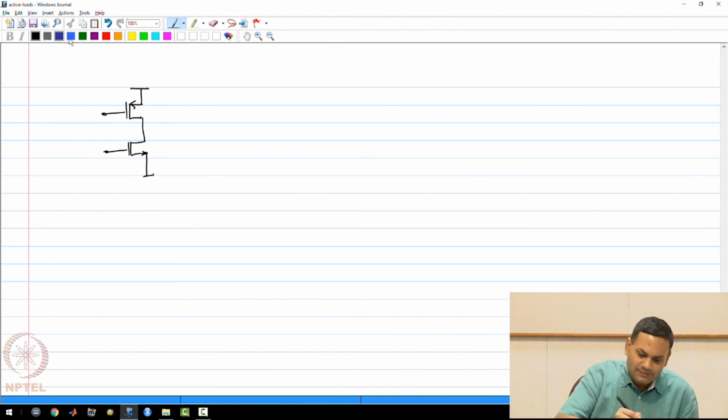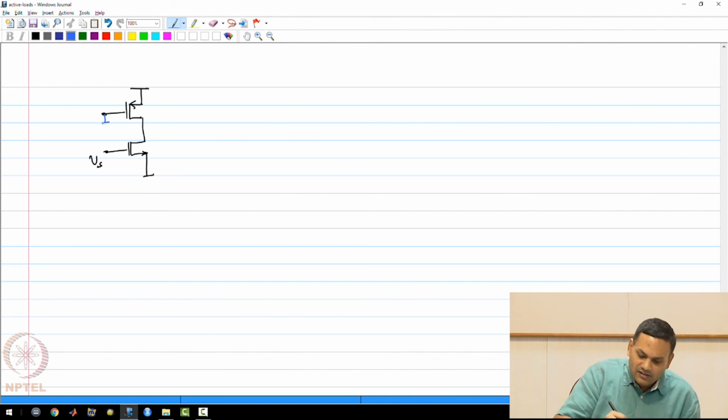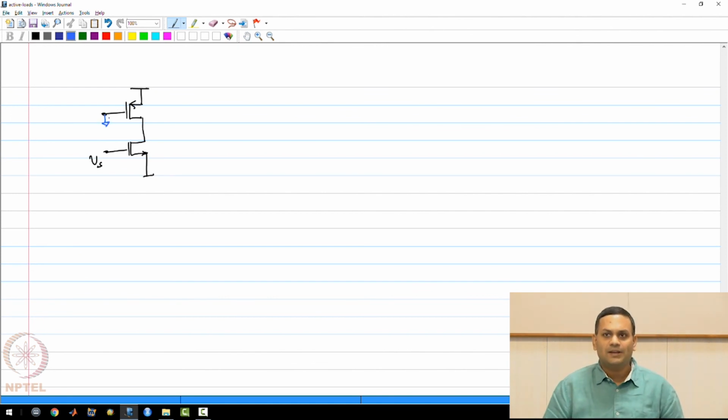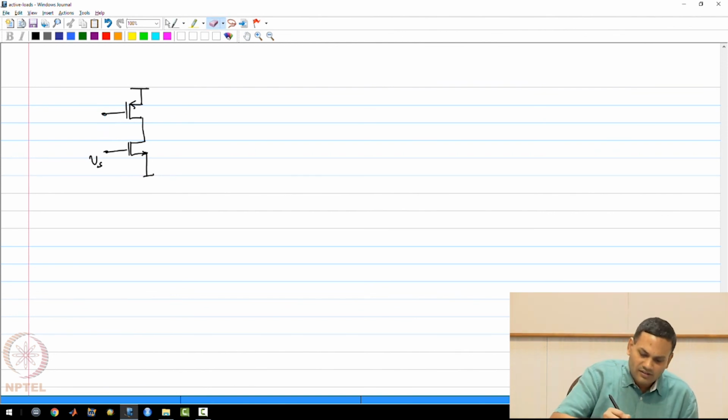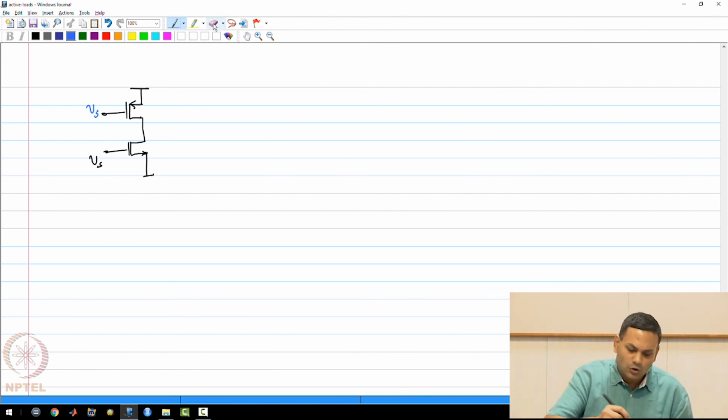In the earlier case, I was applying Vs here and I was connecting the gate of the PMOS transistor to small signal ground. But a question can be asked, why not connect the gate of the PMOS transistor to Vs so that you get small signal gain from the PMOS transistor also? And yes, definitely this can be done. So let us look at that circuit.